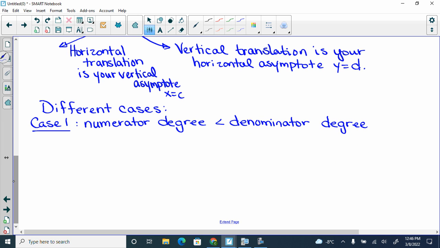Numerator degree is less than denominator degree, and I'll show you an example. So we have y equals 7 over x plus 4.